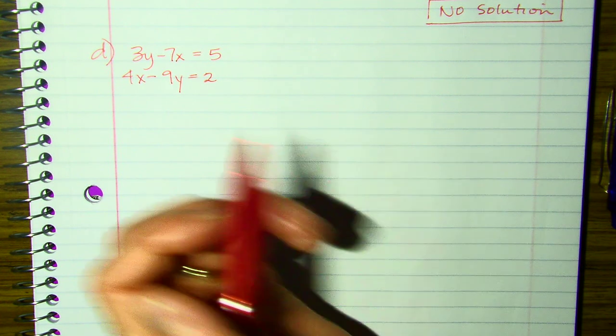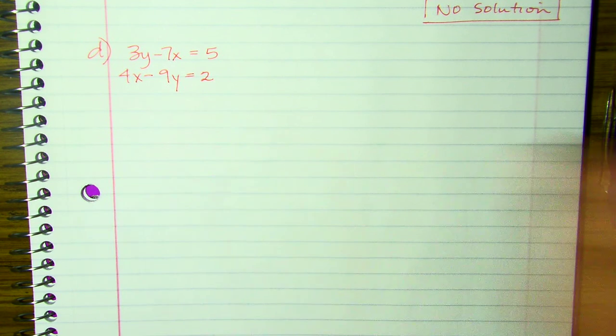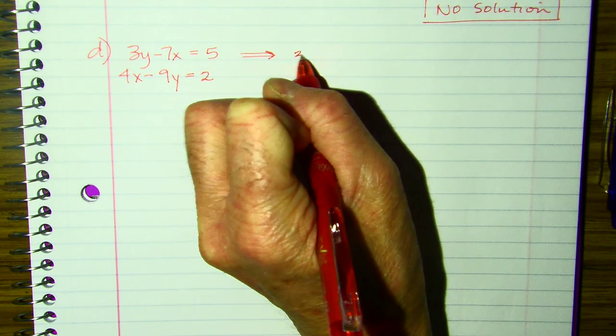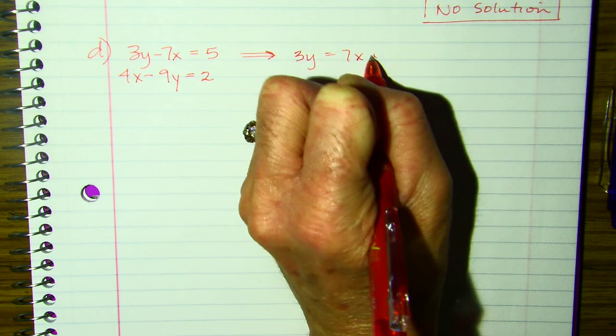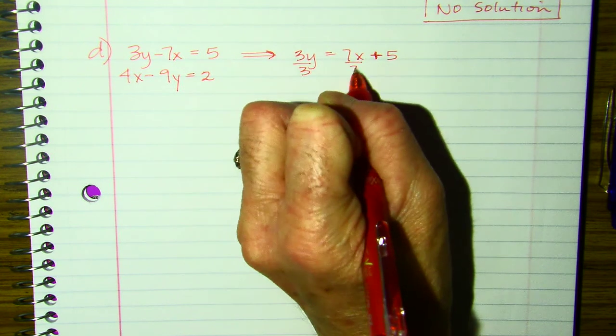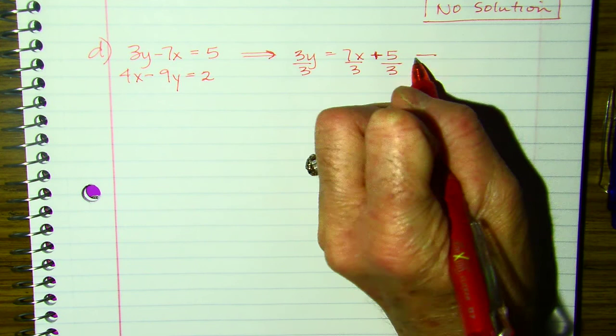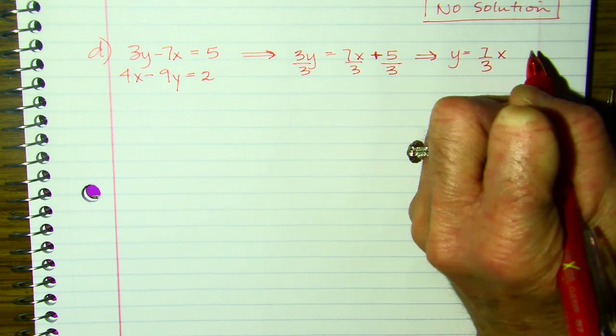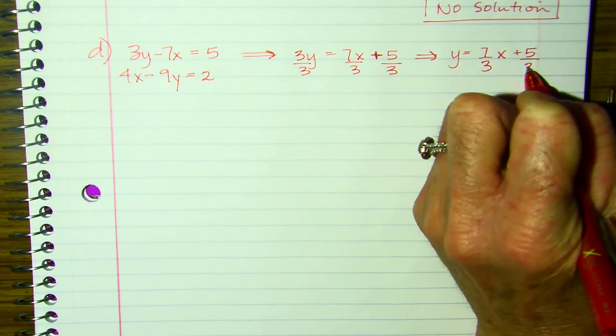So here we go. I'm going to get one of these variables by itself, and it doesn't matter which one. So 3y equals 7x plus 5. Then divide by 3. So y equals 7/3 x plus 5/3.